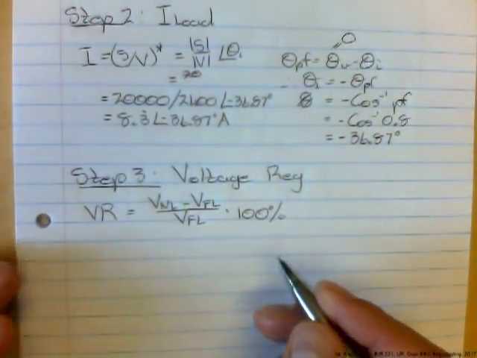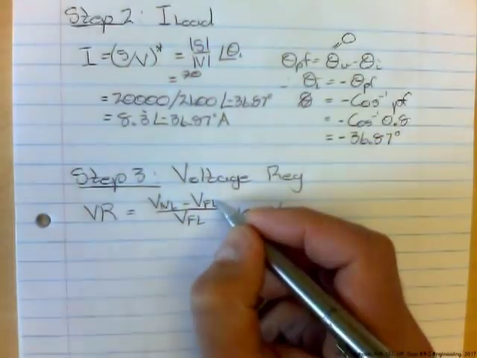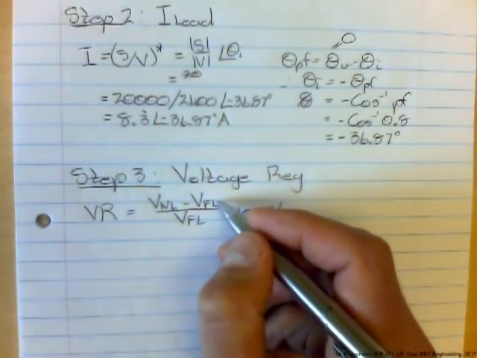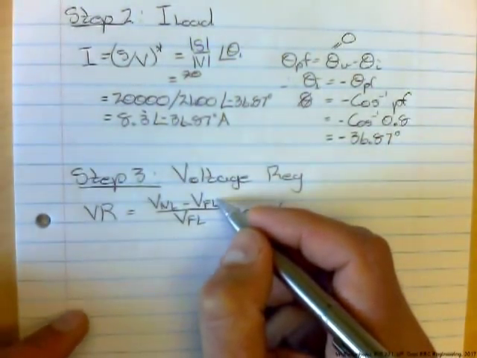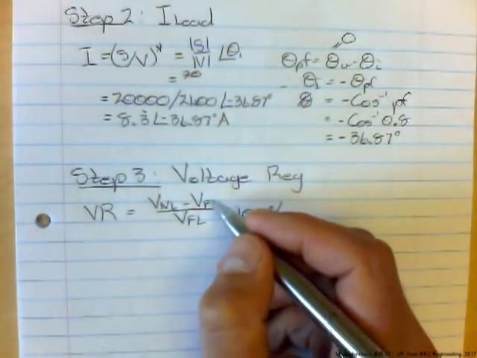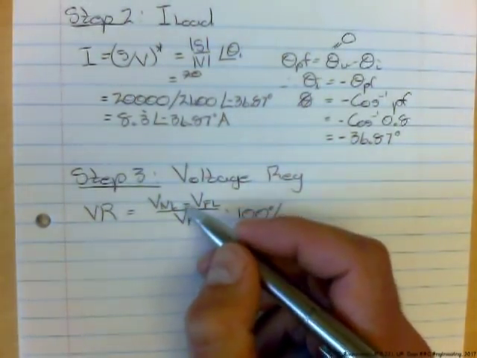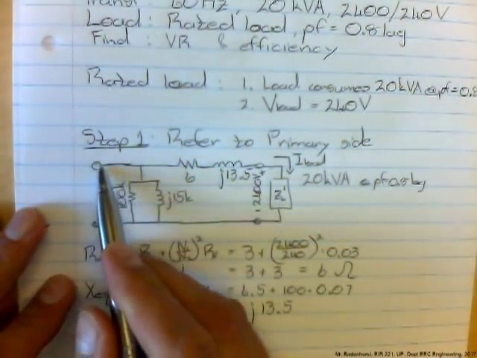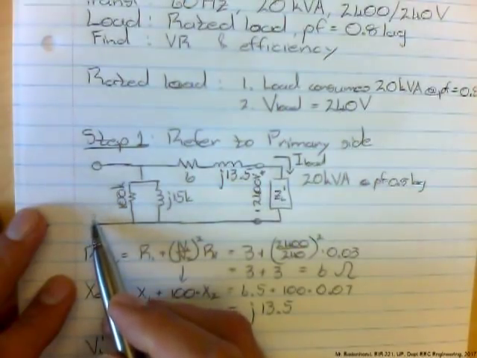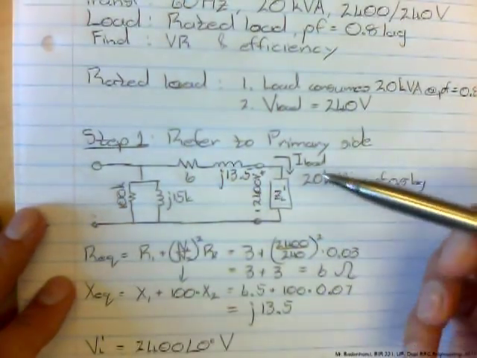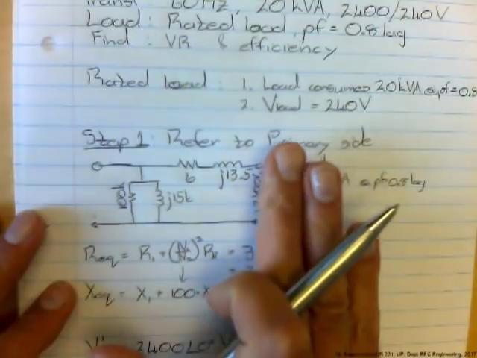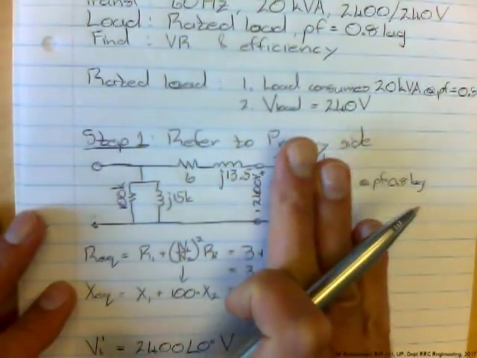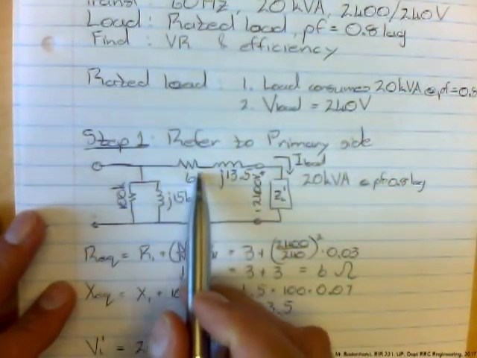Full load voltage, we know what that is. The full load voltage is the rated voltage, which is 2,400 volts. So the problem is not finding the full load voltage, the problem is finding the no load voltage. The no load voltage is effectively the supply voltage or the input voltage to the transformer. Remember, as we discussed in class, if we were to disconnect the load, you will not have any voltage drop across Z equivalent.